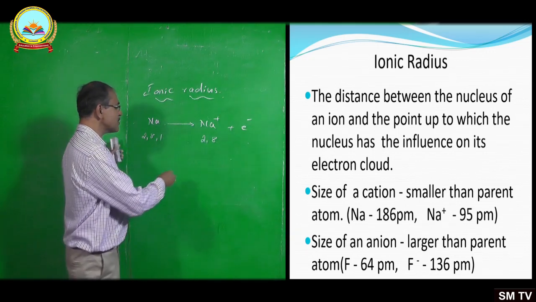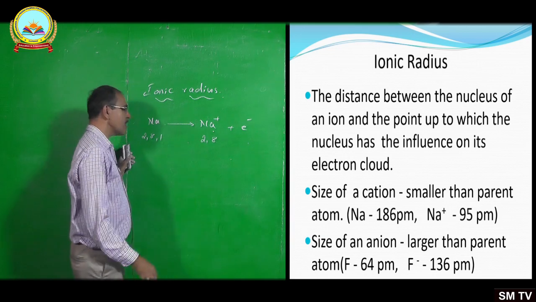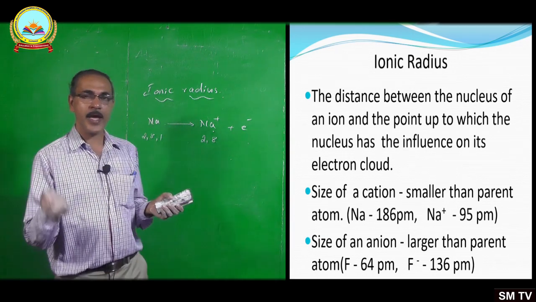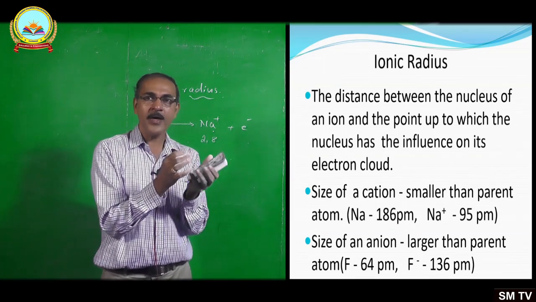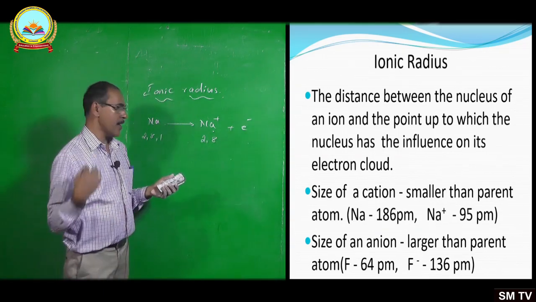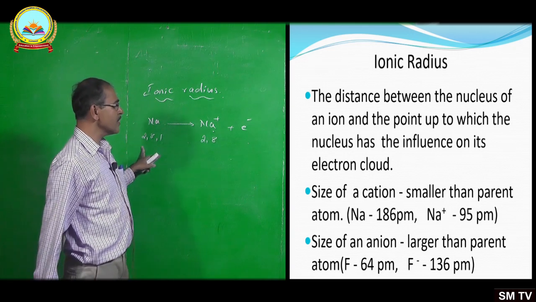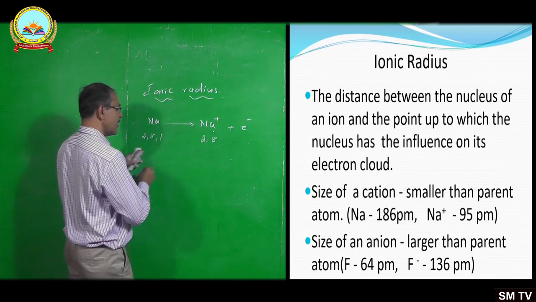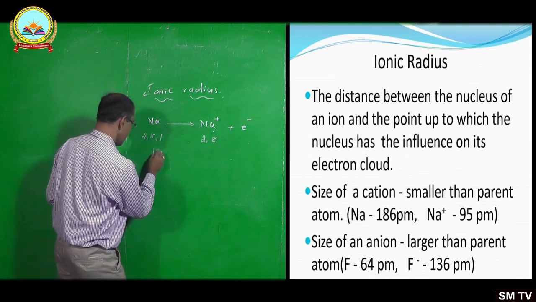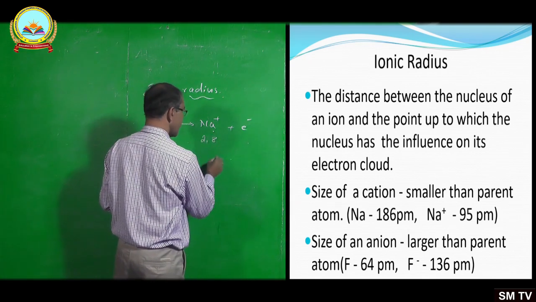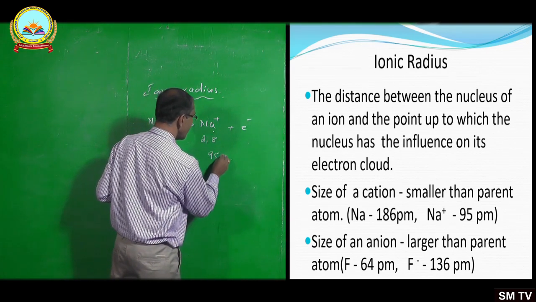So, the radius of Na plus is smaller than the radius of Na. For any atom, the radius of the cation is smaller than its neutral atom. So, it is electrically neutral one, right. If you see, the radius of Na is 186 picometer and the radius of Na plus is 95 picometer.